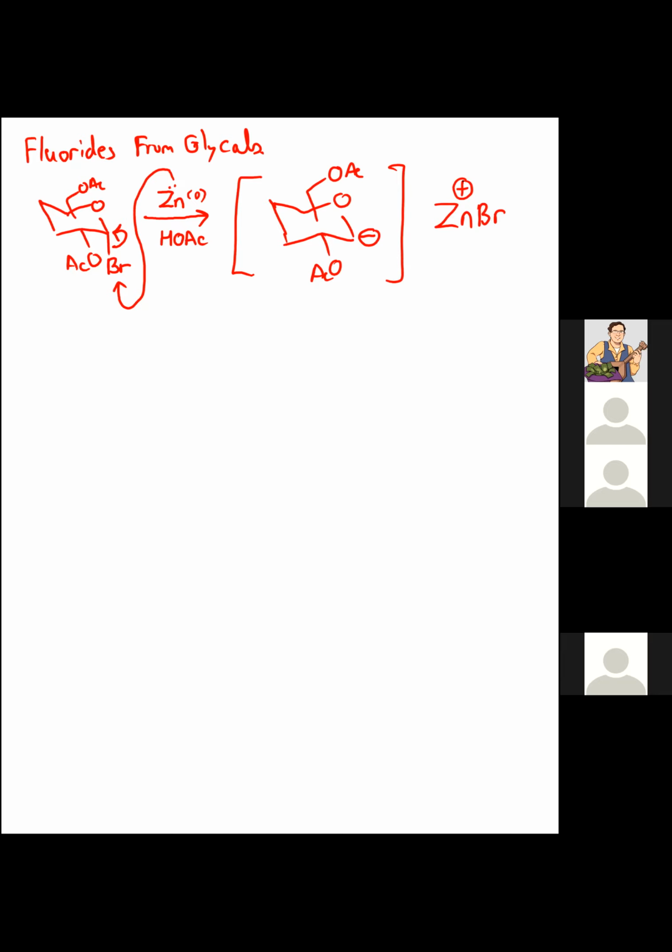So, what do you think about the stability of that negative charge? Bad. Yeah. I don't think it exists. I know that some people do think it exists, which is why I've drawn it in a bracket, but I disagree with them. I'm unhappy enough about the zinc thing, but I'll grant that. But this is not a real intermediate.